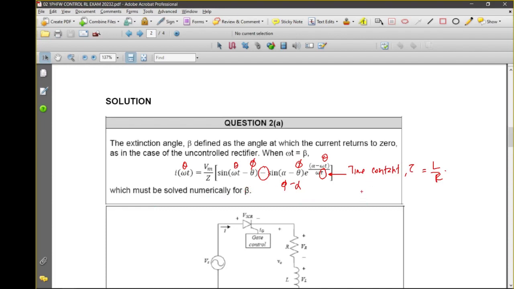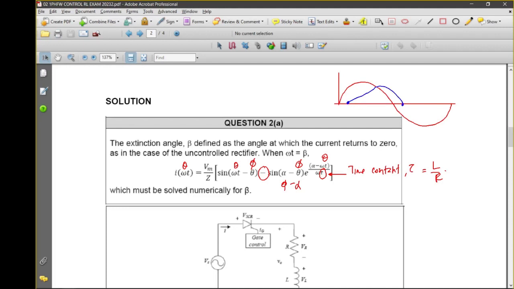To get the beta, if you still remember, if you look at the current, we have a positive cycle. This is the supply voltage. If you look at the current, it will rise, then we reach the maximum, and then come back to equal 0 at some point, isn't it?